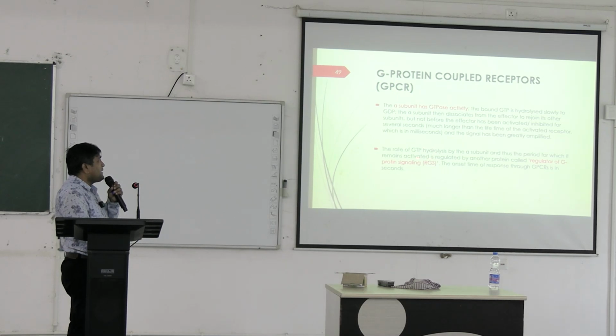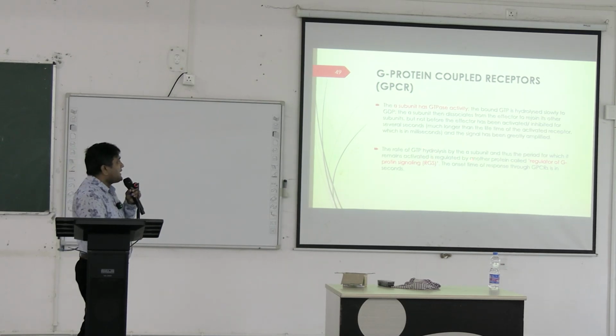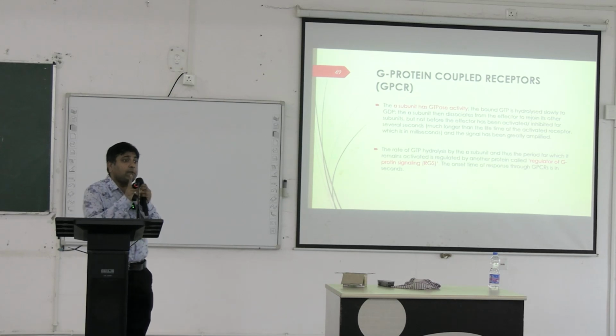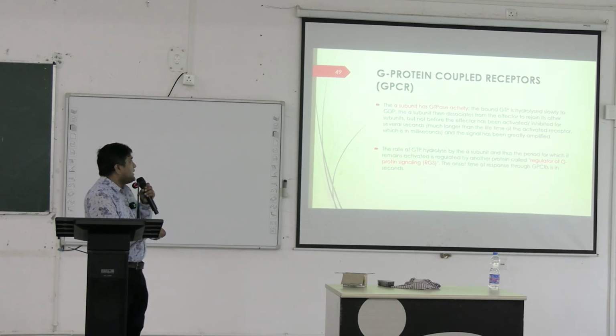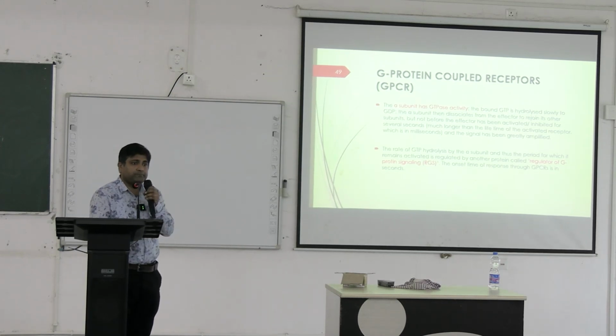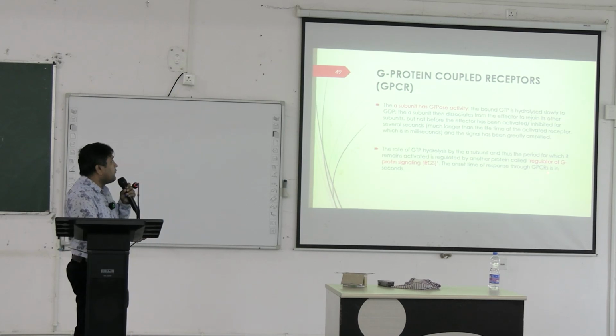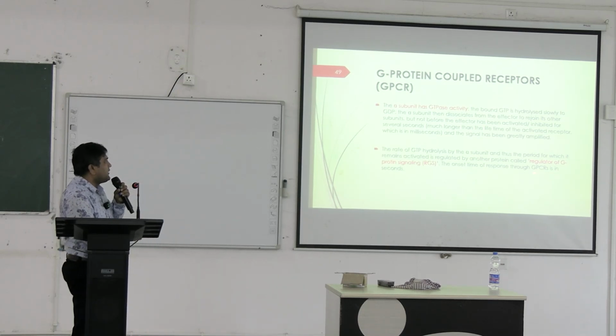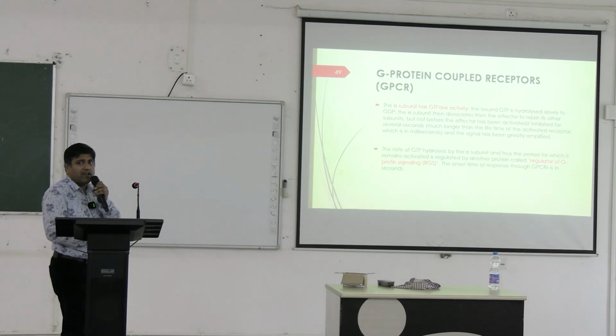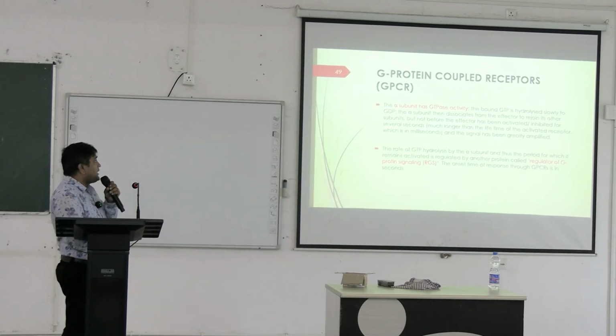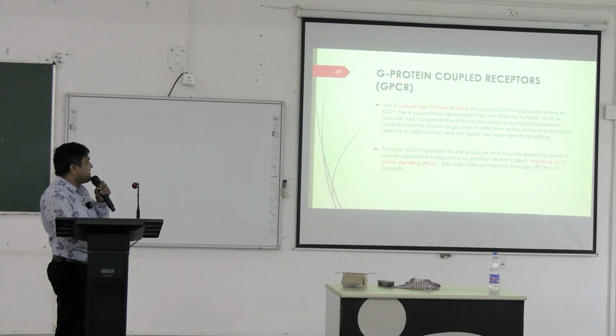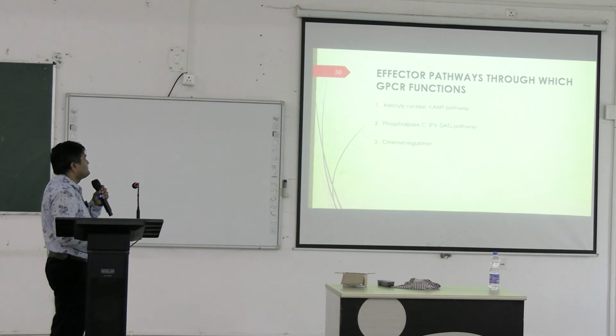The rate of GTP hydrolysis by the alpha subunit, and thus the period for which it remains activated, is regulated by another protein called regulator of G protein signaling, RGS. The onset of response through GPCR is in seconds.